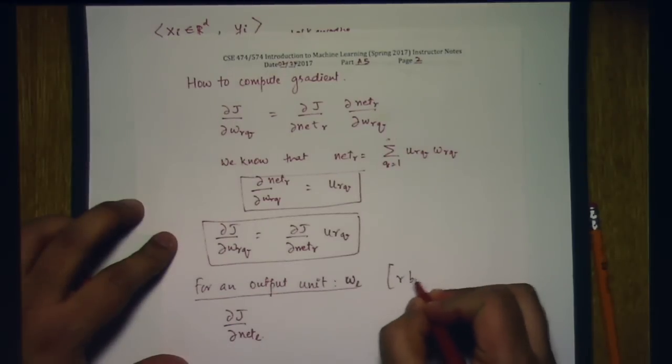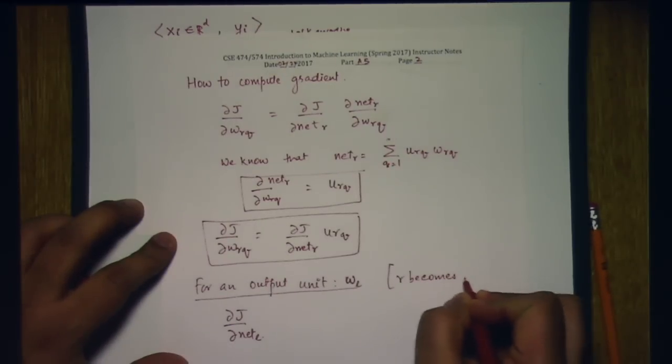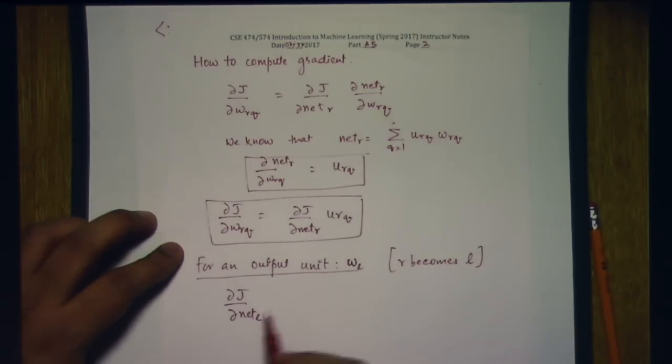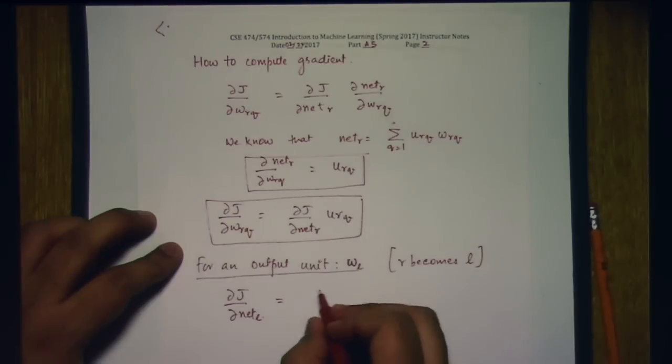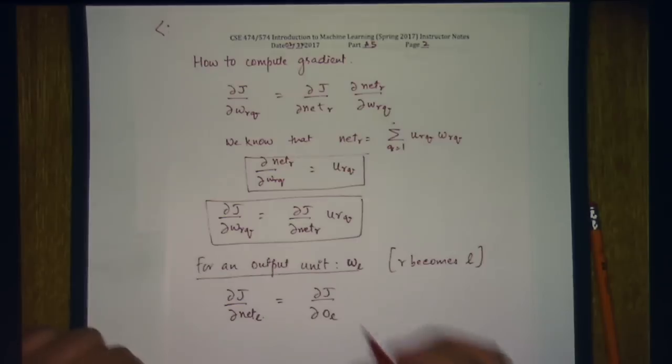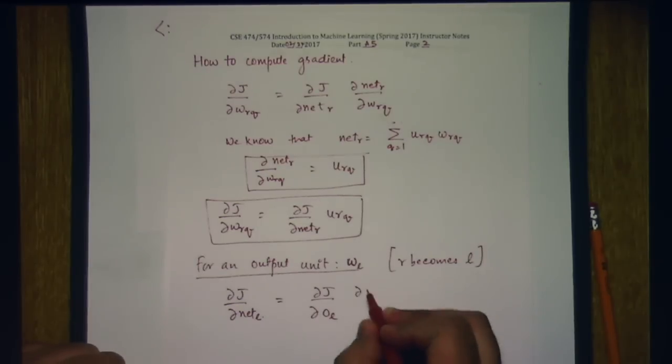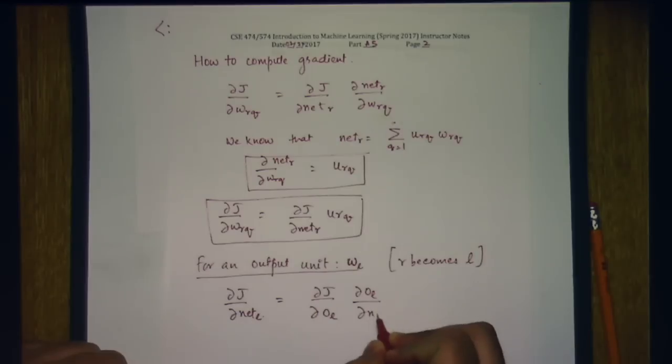So R becomes L. So this will be equal to dJ with respect to O of L, the output coming out of the Lth output unit, times d of O of L by d net of L. All right. So now we compute these two things separately, right?